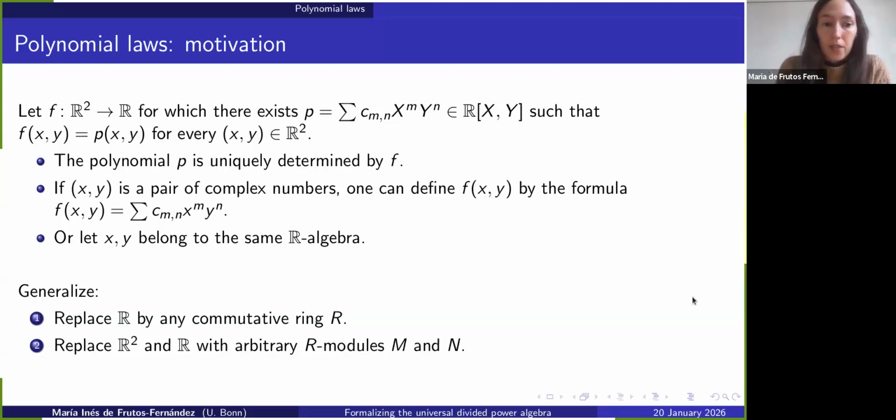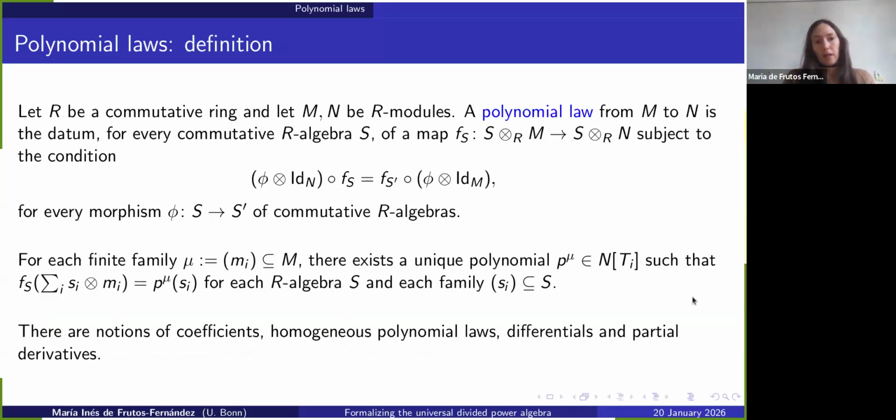So we generalize in two ways. So first, the real numbers are going to be replaced by any commutative ring. And then the vector spaces R squared and R are going to be replaced by arbitrary R modules M and N. And the definition that we can give in this case is that a polynomial law from the R module M to the R module N consists of giving the datum, for every commutative R algebra S, of a map F_S from S tensor M to S tensor N, such that the obvious diagrams commute.